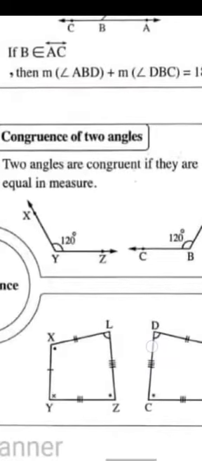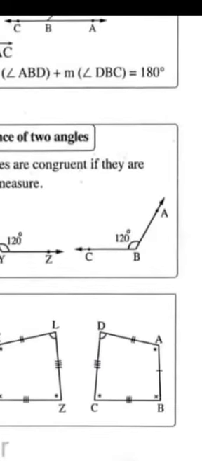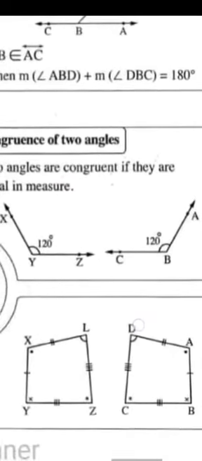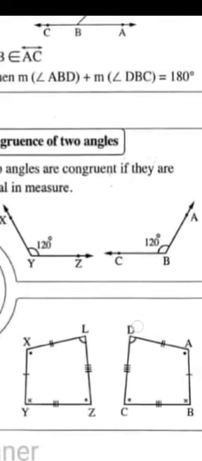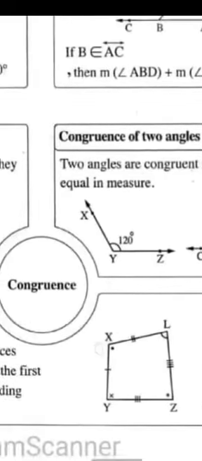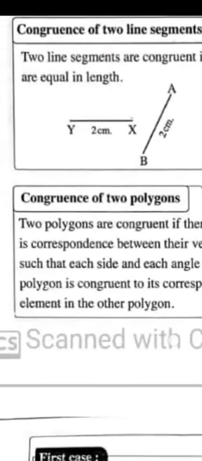For example, if we have two angles XYZ, its measure equal 120 degrees, and the angle ABC, its measure equal 120 degrees, then the two angles are equal in measure. It means we can say that the two angles are congruent. Okay? Next.